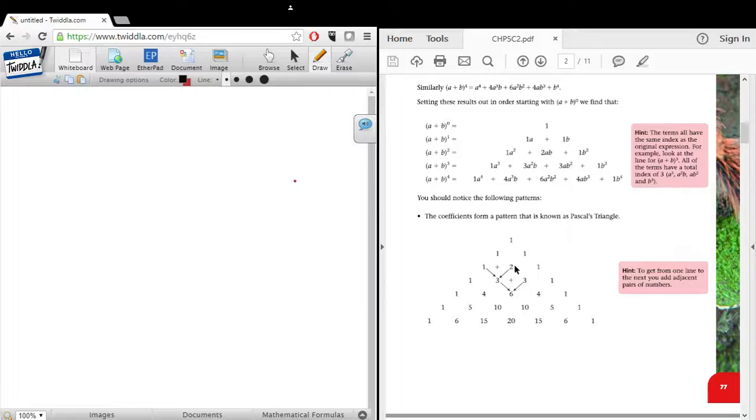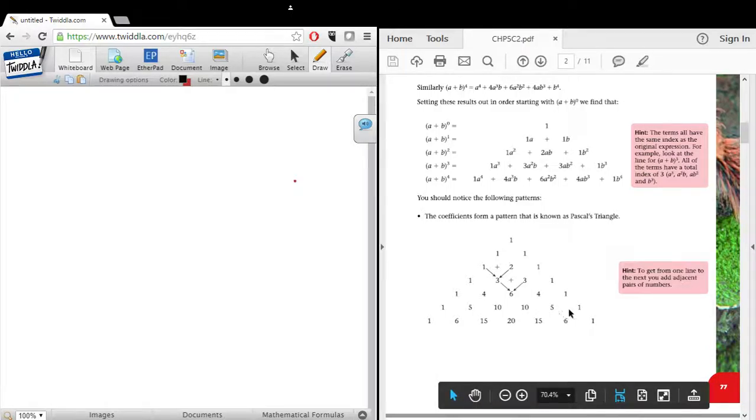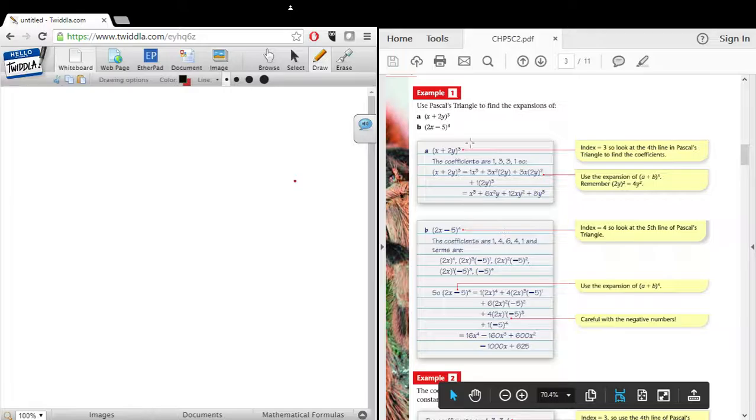You can just use this particular diagram here to give you an impression of what I mean. So between them and beneath them, 3 plus 3 is 6, 10 and 10 is 20, 10 and 5 is 15, 5 and 1 is 6. So you can see that that works throughout the whole triangle here. So use Pascal's triangle to find the expansion of the following.